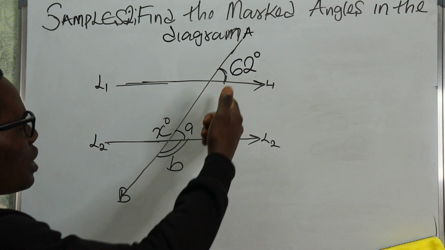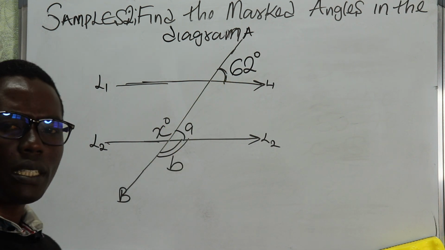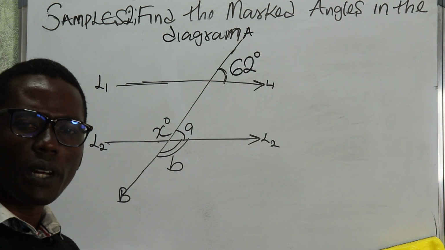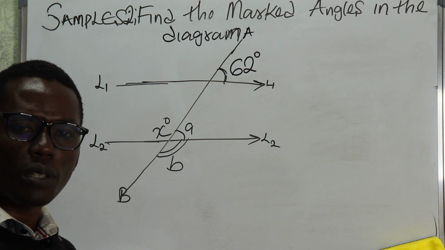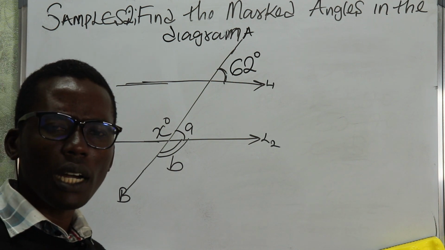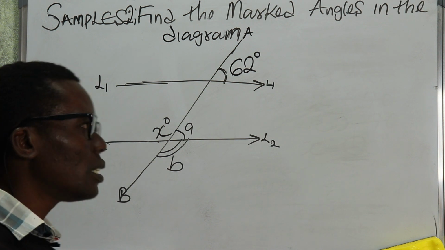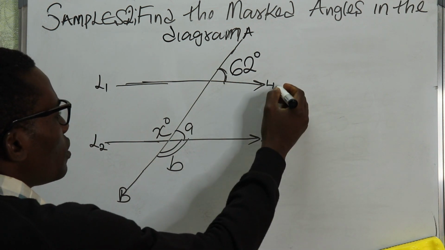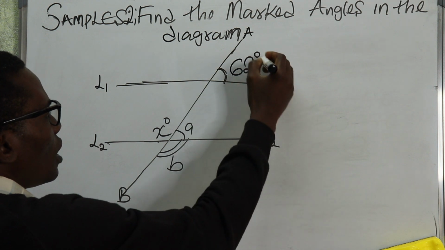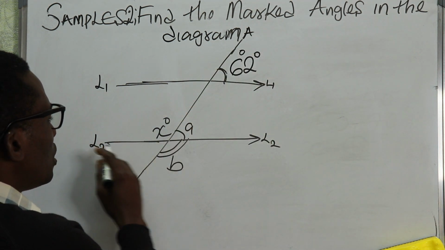Now, let's consider this. Out of these angles, are there any that are alternate angles or vertically opposite angles or corresponding angles? Of course there is. Remember, we say corresponding angles are angles that are in the same position but they are on different lines. So we have line 1 and line 2. This is line 1. On this position we have 62. This is line 2.